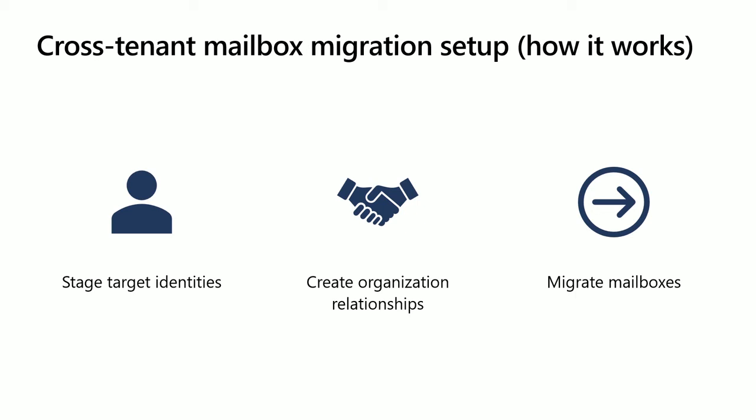If there's going to be a prolonged coexistence, then something like AADSS or a similar type of GAL sync solution can be used to provision the accounts and keep them in sync so that the joiner mover leaver process is adhered to across your tenants during the coexistence period.